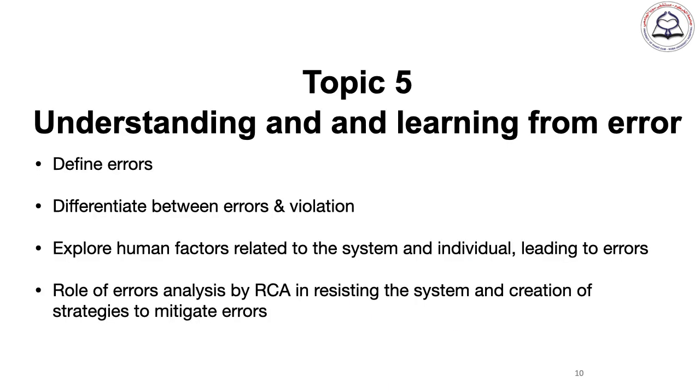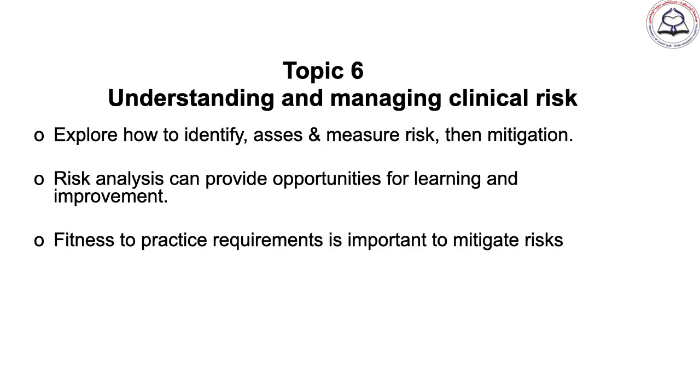Topic 5 is about understanding and learning from errors. Errors are inevitable. We need to differentiate between errors and violations. We should explore human factors related to the system and the individual leading to errors, and we need to analyze errors with root cause analysis, to figure out the cause so that we can avoid errors in the future. Topic 6, understanding and managing clinical risk.